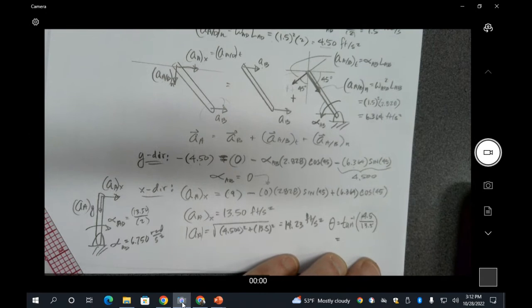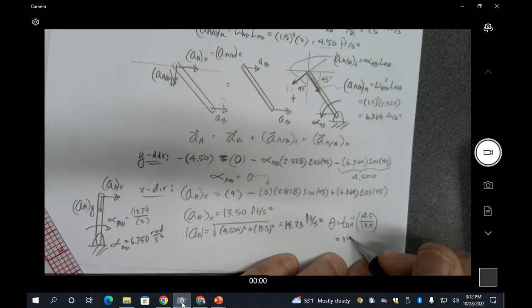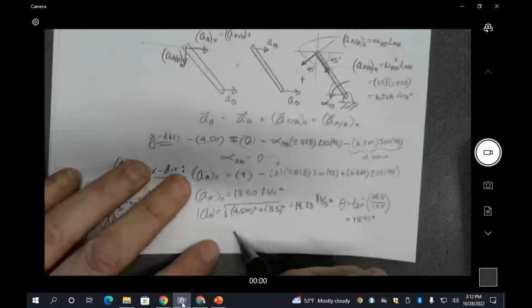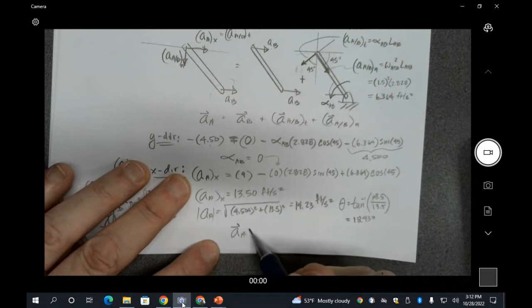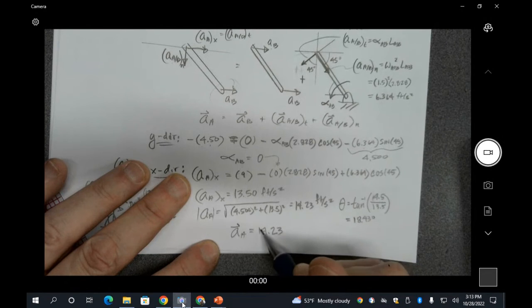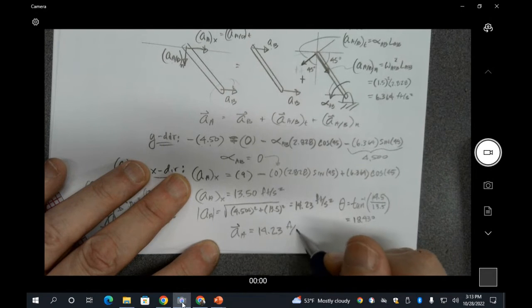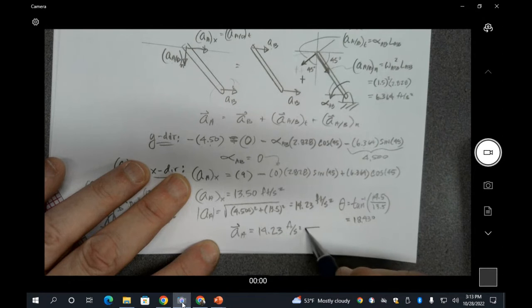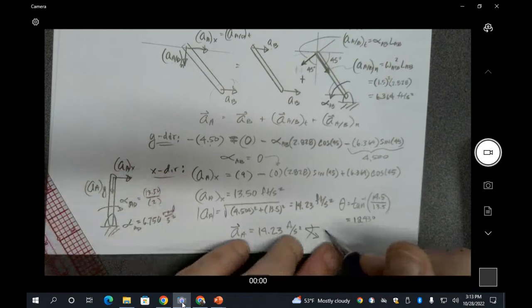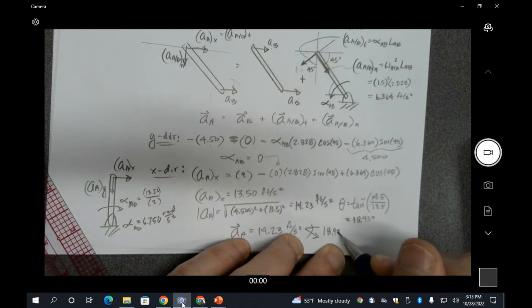So we get an angle of 18.43 degrees. So our answer is the acceleration of A is equal to 14.2. Let's give it 4 sig figs because the first number is a 1. And our quadrant will be down there at 18.43 degrees.